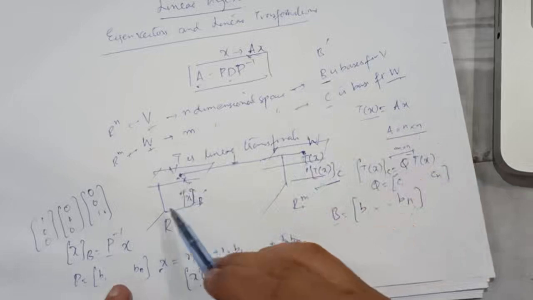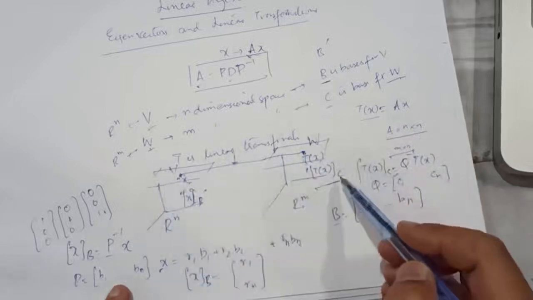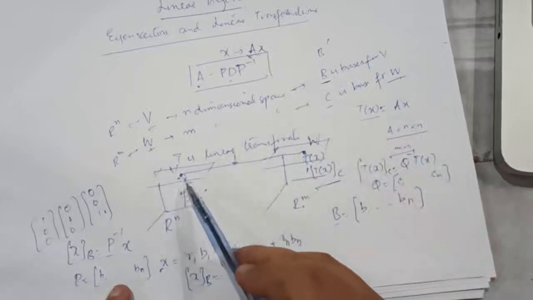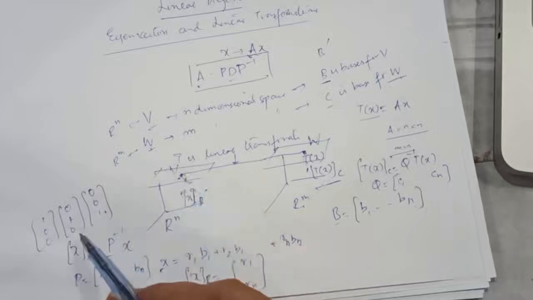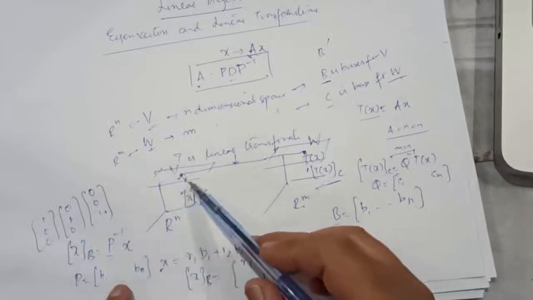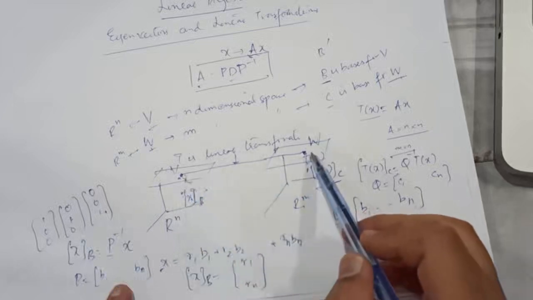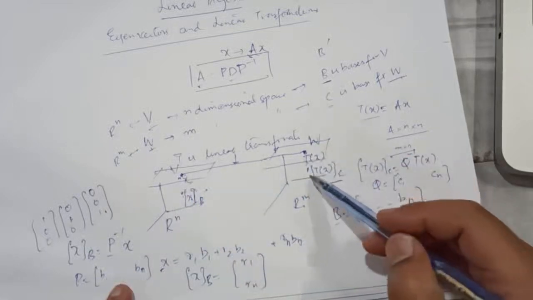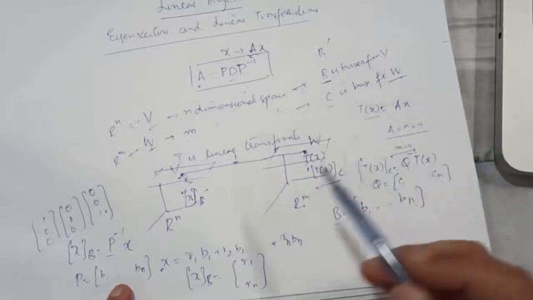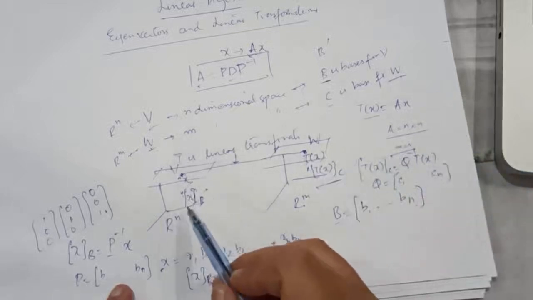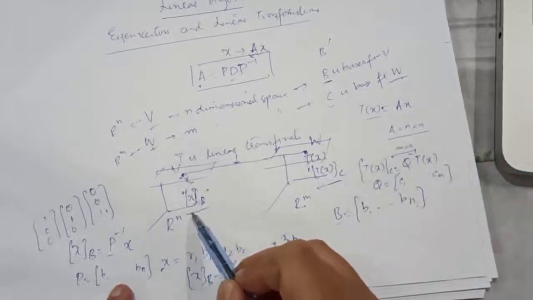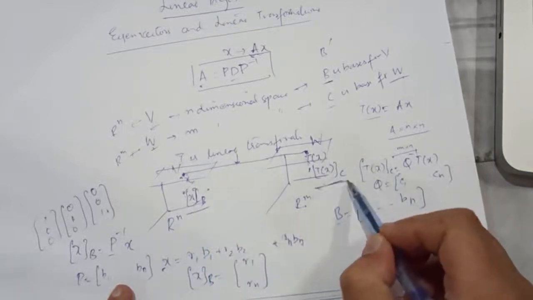So this is actually what our real problem is. The point x in the vector space, represented in the standard basis, has to be represented as x of B, and when you transform this x into T of x, it has to be converted to T x of C. What we are doing is developing a relationship between x of B and T x of C, right?